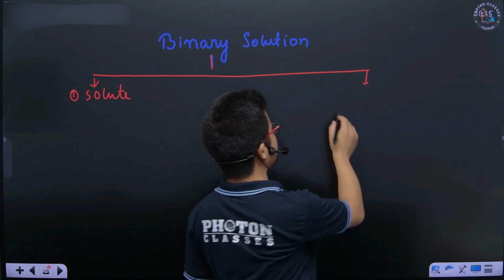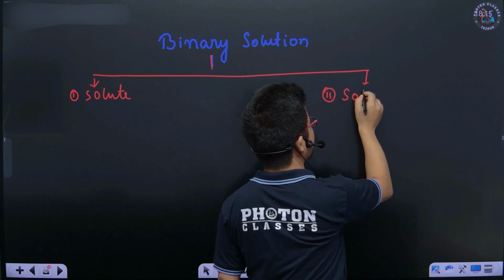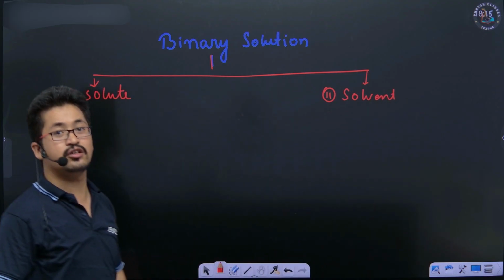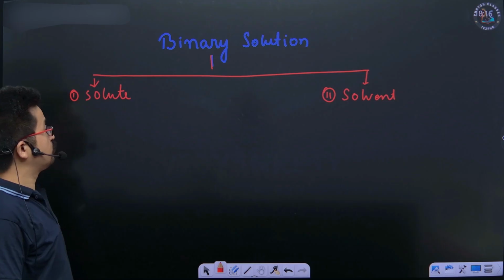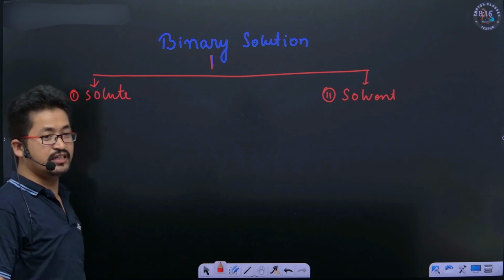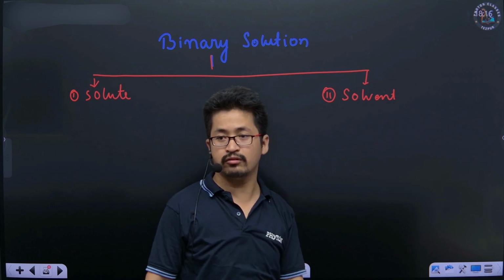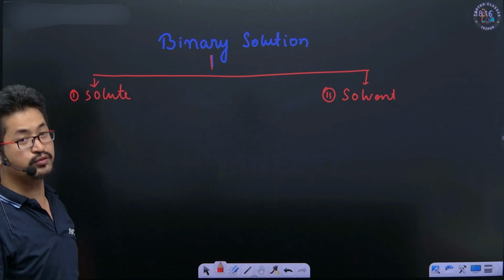How many physical states? 3 physical states. Similarly the solvent can also be in 3 different physical states, that is solid, liquid and gas. So solute can be in 3 physical states, that is solid, liquid and gas. So is the solvent.